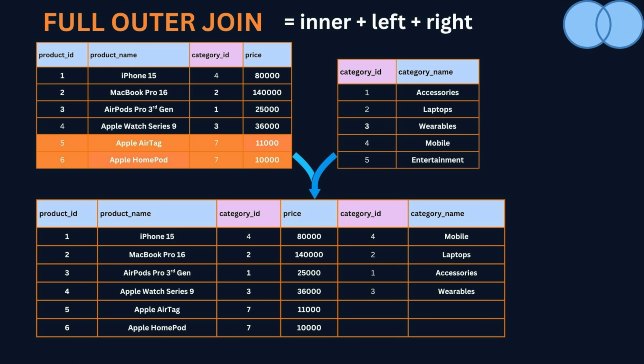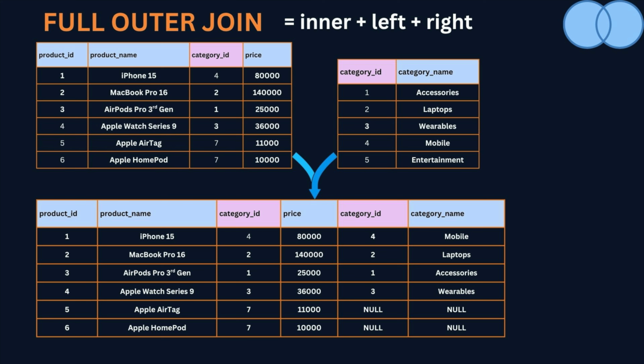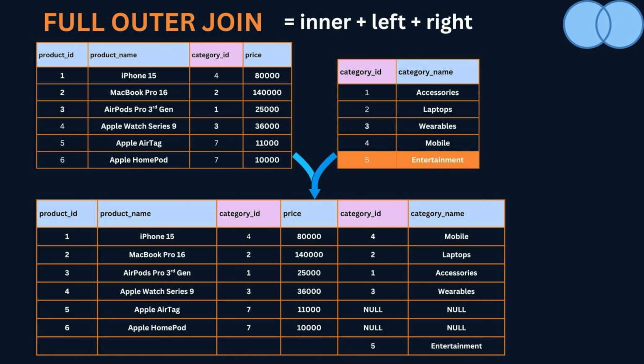and then we have 2 rows left over from the left table, which will also be part of the result, the product ID 516, and the columns in the right table will be marked as null as earlier, and then it will also select the remaining columns from the right table, which is category ID 5 and entertainment, and the columns in the left table will be marked as null.